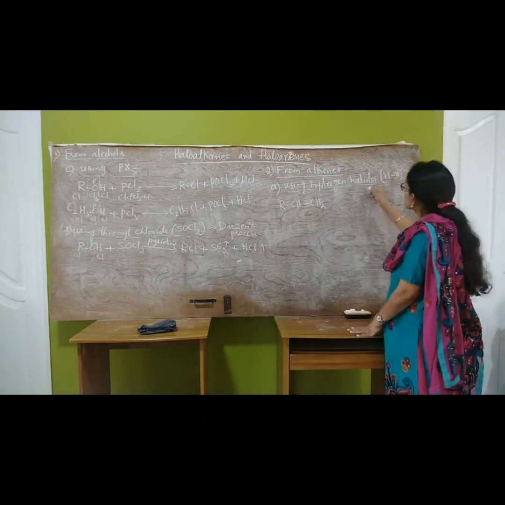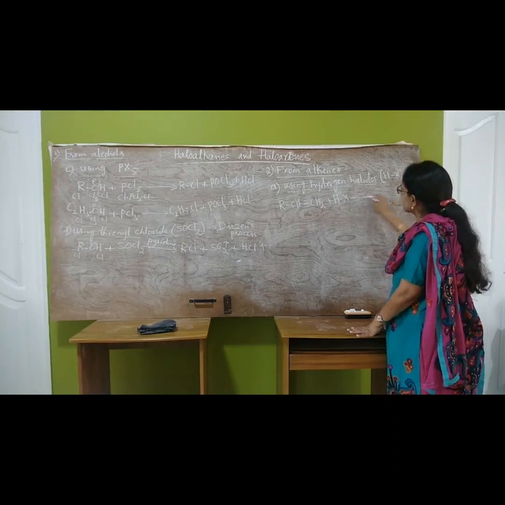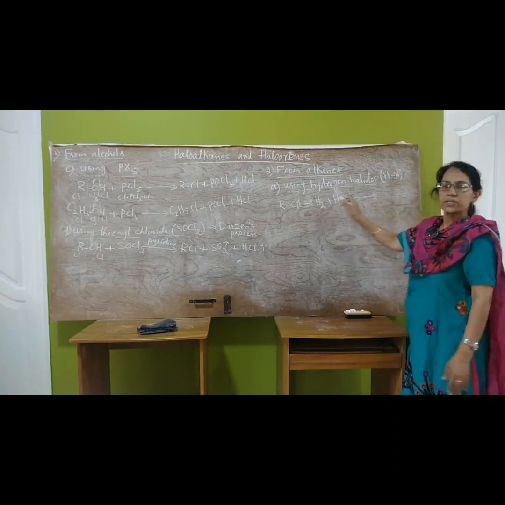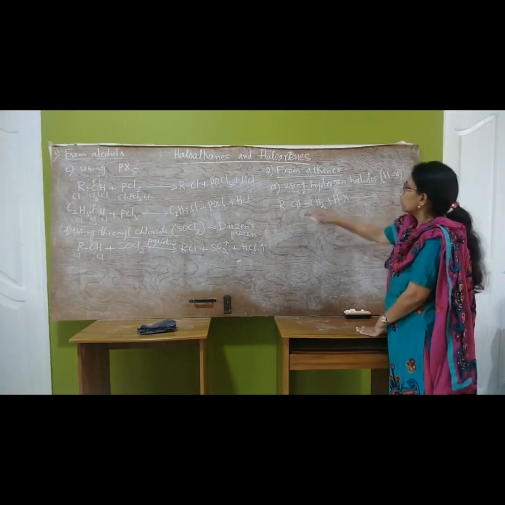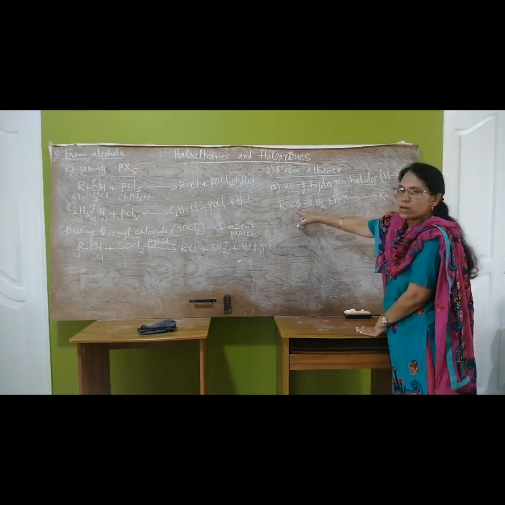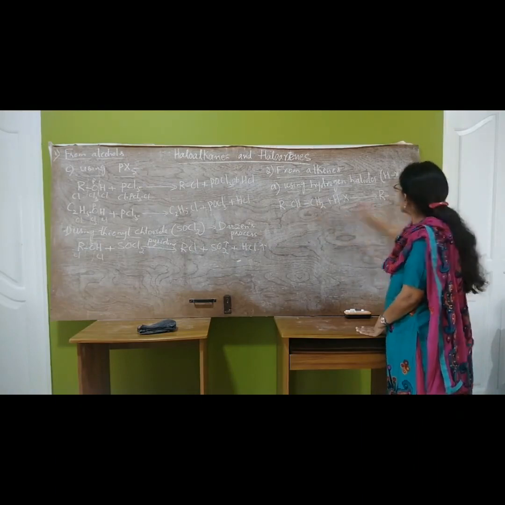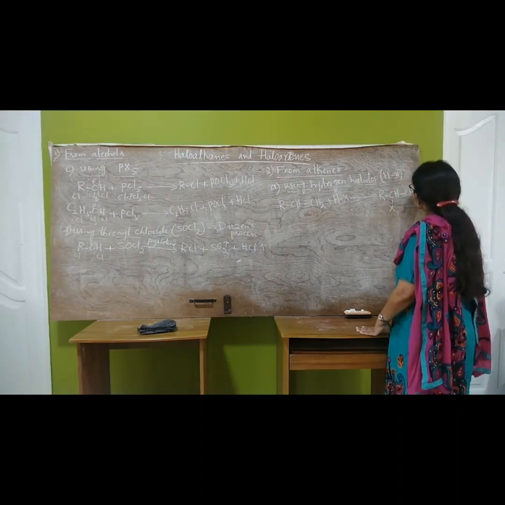When alkene is treated with hydrogen halide HX, addition reaction takes place to form 2-haloalkane. The product formed here is 2-haloalkane, with formula RCHX single bond CH3.